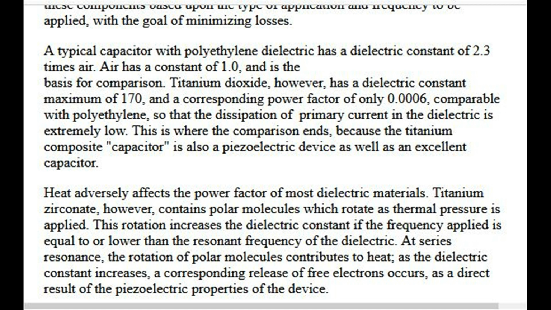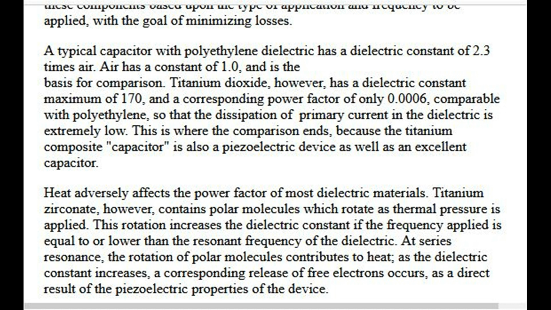Air has a constant of 1.0, and is the basis for comparison. Titanium dioxide, however, has a dielectric constant maximum of 170, and a corresponding power factor of only 0.0006, comparable with polyethylene, so that the dissipation of primary current in the dielectric is extremely low.